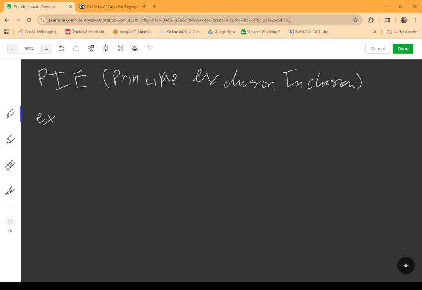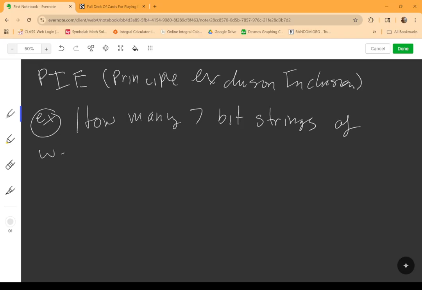For example, let's say how many 7-bit strings of weight 4 start with 1 1 or end with 0 0.